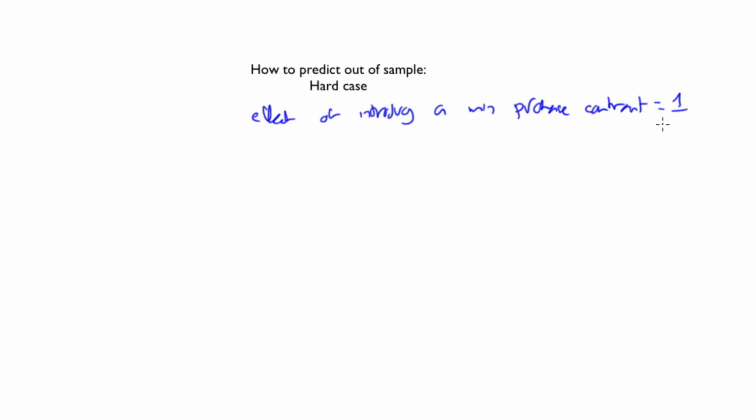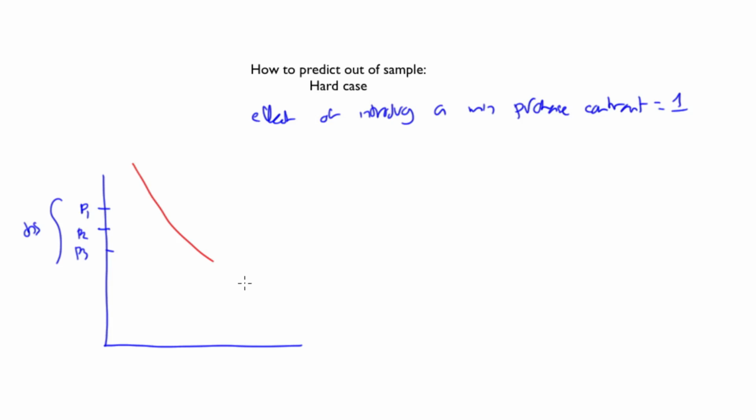Now, in some cases, and maybe we should call those the hard but not too hard cases, what you can do is the following. In this particular case, suppose that again we have observed prices P1, P2, and P3. So this is the observed, and by the way, we have observed those without any restrictions. Based on that, we estimate what the demand function is at any price, again without any restrictions.